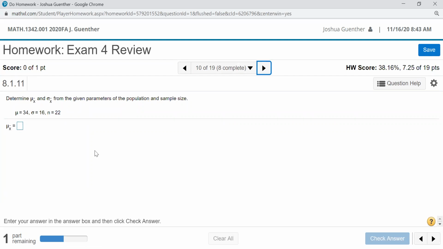So determine mu x bar and sigma x bar from the given parameters of the population and sample size. Oh my gosh, I can't do it. Yes, you can. For one, your formula sheet will technically give you these, but for our sake, mu x bar is going to be the same as the average from the population here.